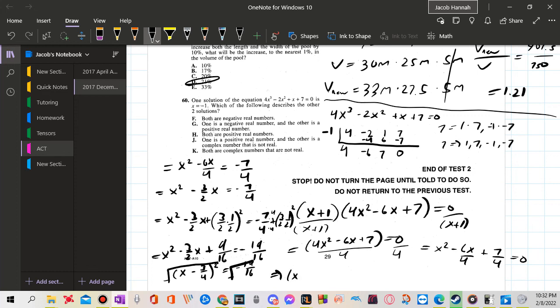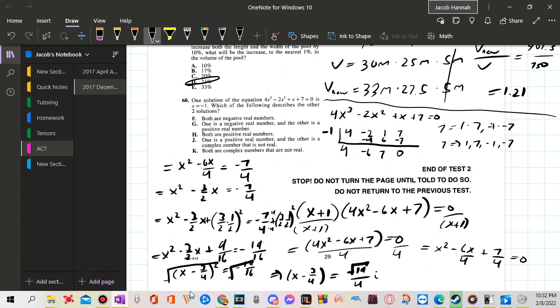So let me do x minus 3/4, because the square root of the squared goes away, equal to the square root of 19. Square root of 16 is 4.